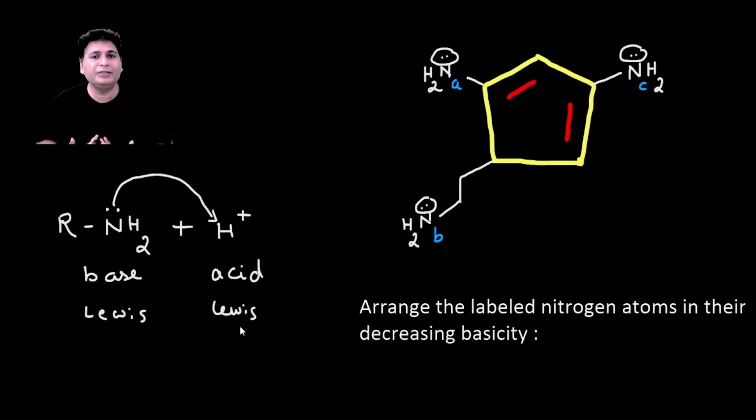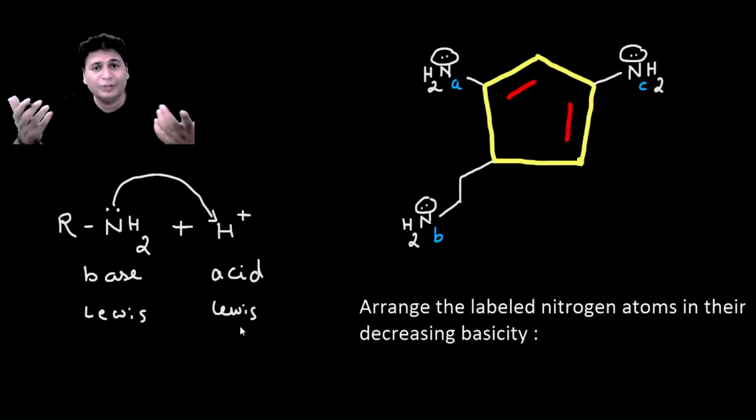Because if these electrons are engaged or invested somewhere, not available or less available, then my tendency to give these electrons will also be proportionately lesser. So you have to think about the availability of electrons. The more the electrons are available, the more will be its tendency to give electrons, and the higher will be the basicity.